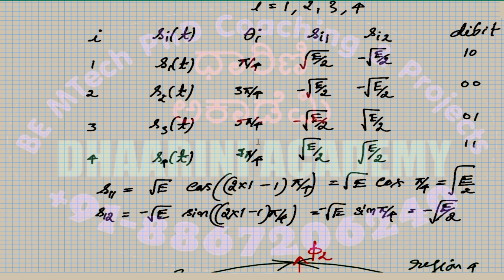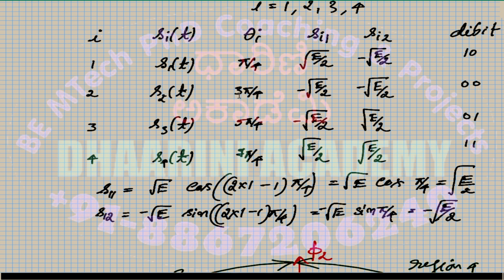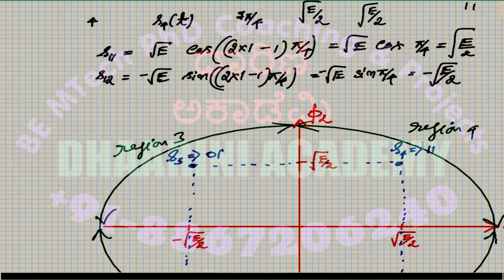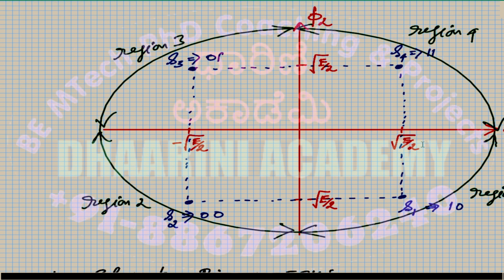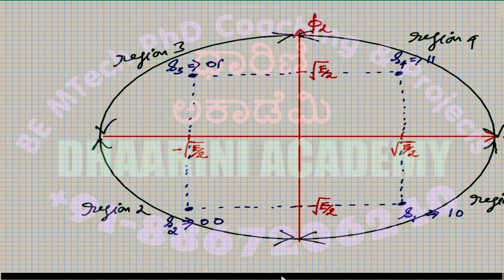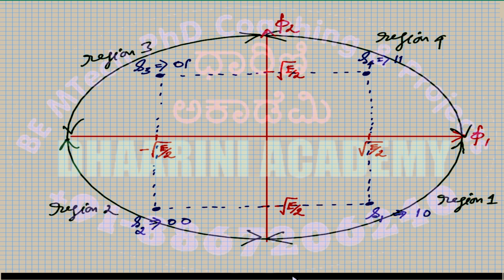For different phases such as pi by 4, 3 pi by 4, 5 pi by 4, and 7 pi by 4, we got Si1, Si2 as the four different values. Those are the coordinates corresponding to the bit pairs 1 0, 0 0, 0 1, and 1 1. Later on, we plotted the constellation diagram of the QPSK.